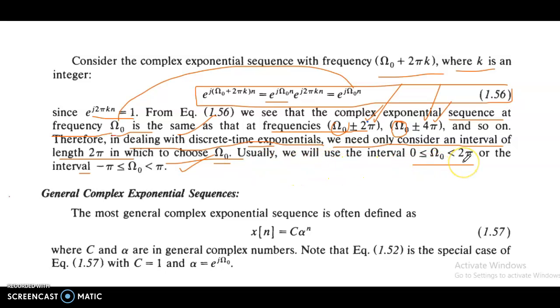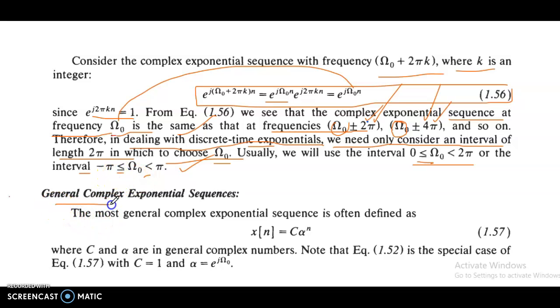Usually we will use the interval 0 to 2 pi, that is 0 is less than or equal to omega naught less than 2 pi, or the interval minus pi to plus pi. Here one end is closed, the other is open.